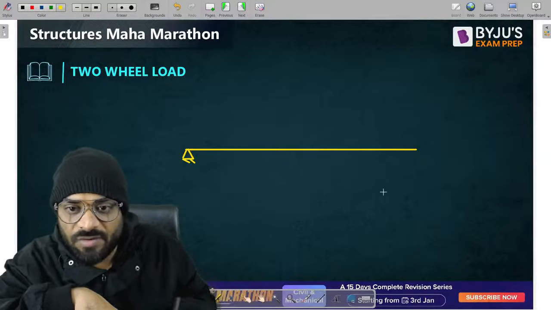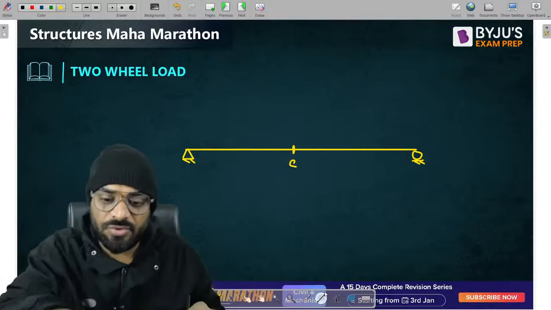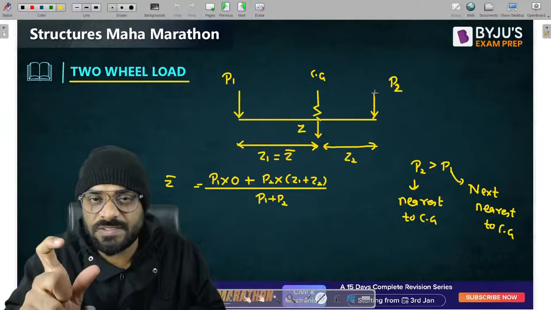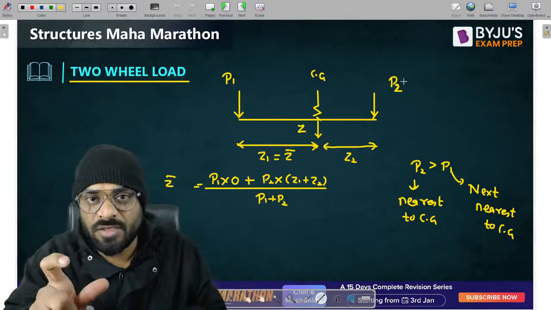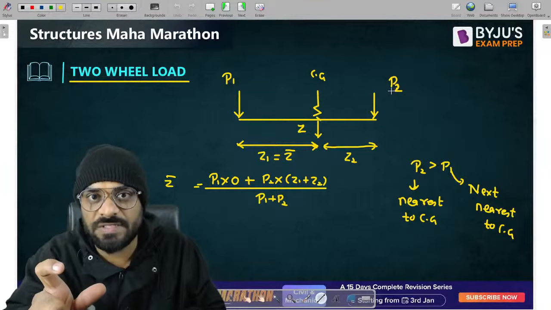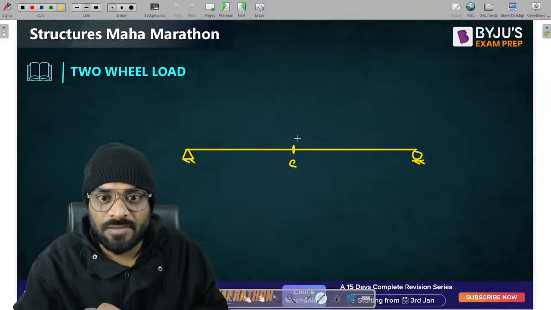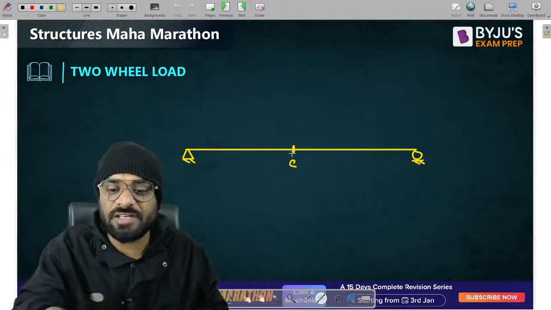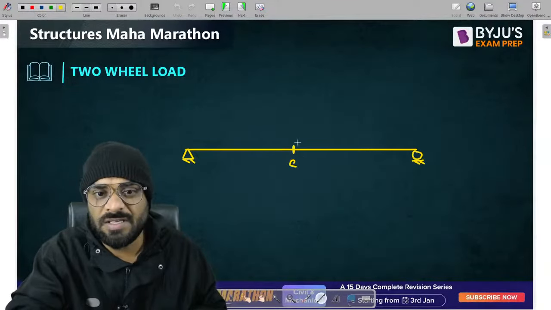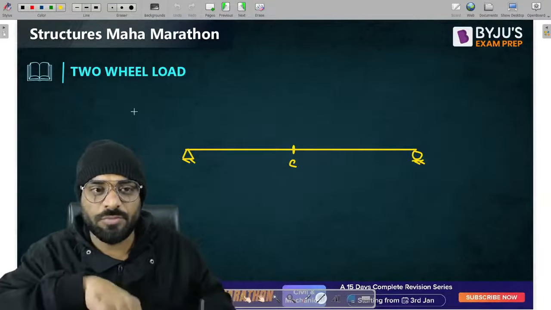Kindly mark the center of the structure. This is our center of the structure. Now you need to take this particular distance, which is basically Z2, in between the heavy load and the nearest load to the CG, and the CG, right? This is the distance which you have to take and put it exactly at this particular location. That means the center of the structure should divide this particular distance equally, right? In this way you have to put it.